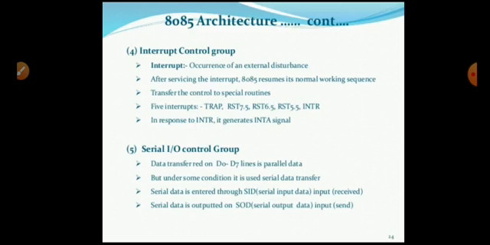I want to add some points regarding the interrupts. Basically, these interrupts have priorities. According to the priorities, the processor will serve the interrupts. Trap has the highest priority and INTR has the lowest priority.